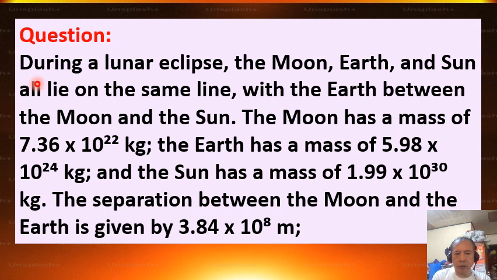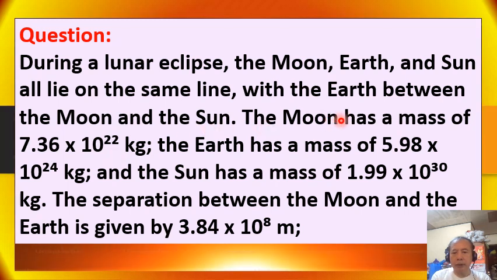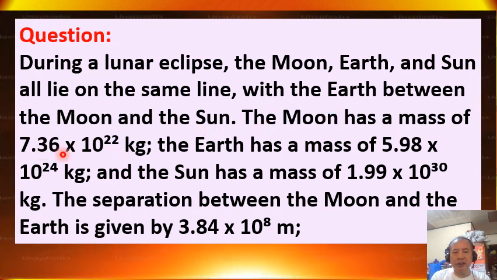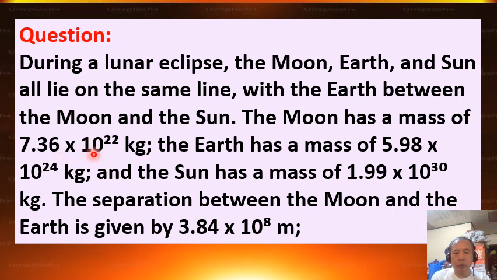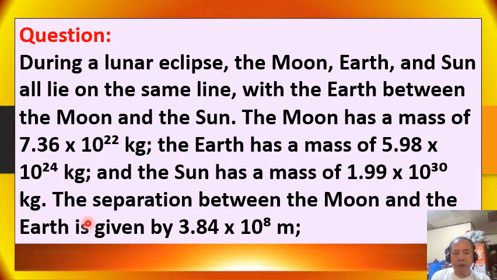The question is, during a lunar eclipse, the moon, the earth, and the sun all lie on the same line, with the earth between the moon and the sun. The moon has a mass of 7.36 times 10 to the 22 kilogram. The earth has a mass of 5.98 times 10 to the 24th kilogram, and the sun has a mass of 1.99 times 10 to the 30th kilogram.